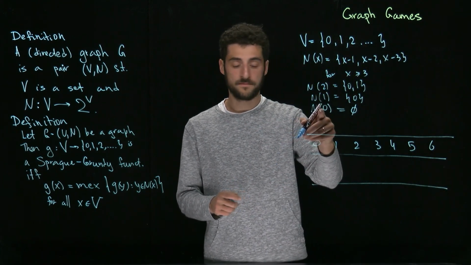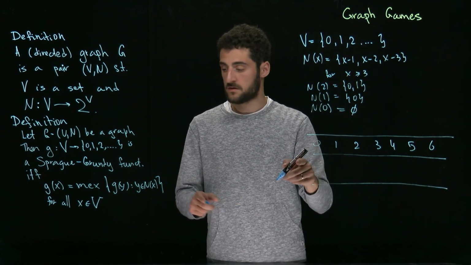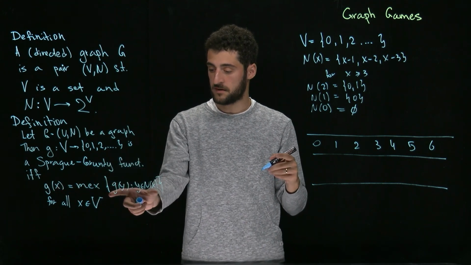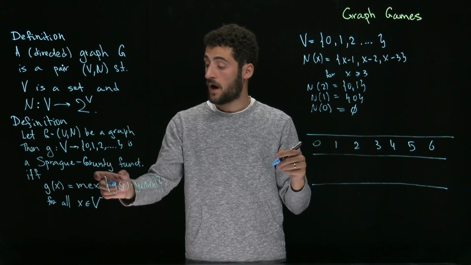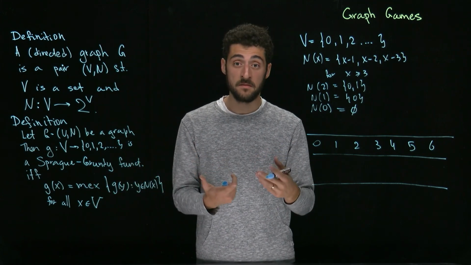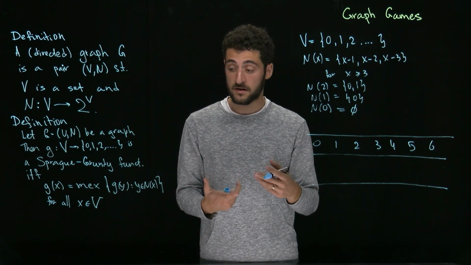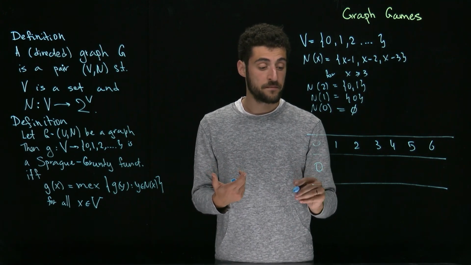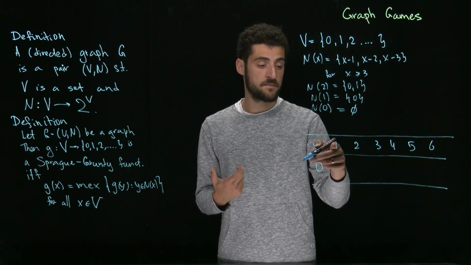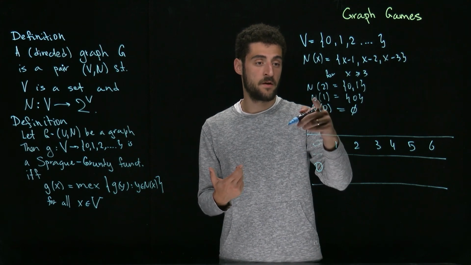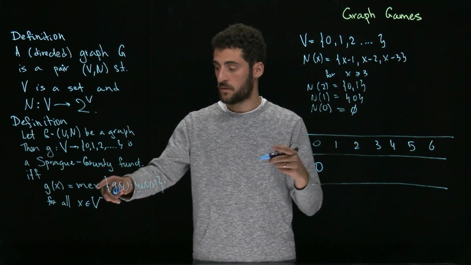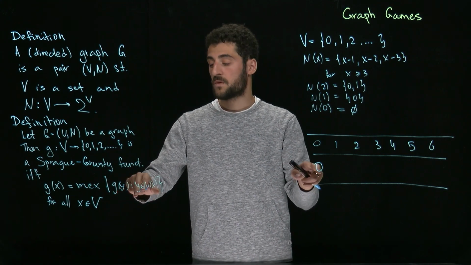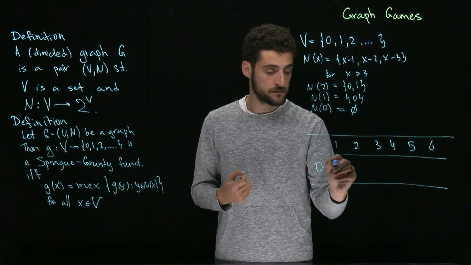Okay, the Sprague-Grundy function of 0 is 0 because it's the mex of an empty set, and mex is the minimal value that is not in a set, and 0 is not in an empty set, so it's 0. Okay, now let's compute the Grundy function for 1. N of 1 is 0, so we are interested in the mex of the set containing 0, which is 1.